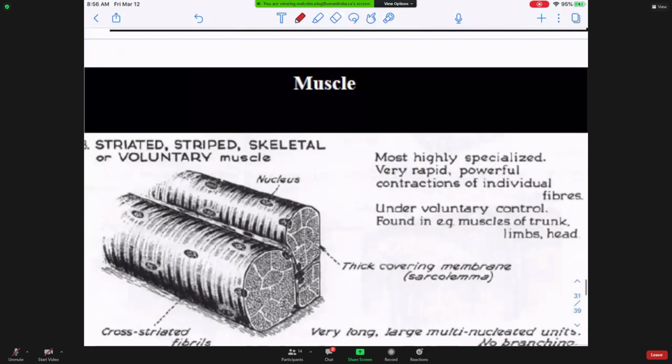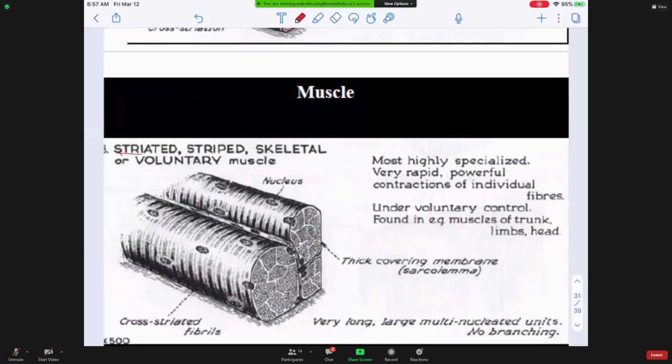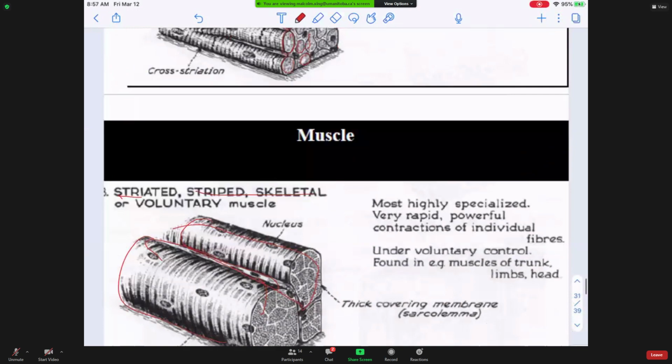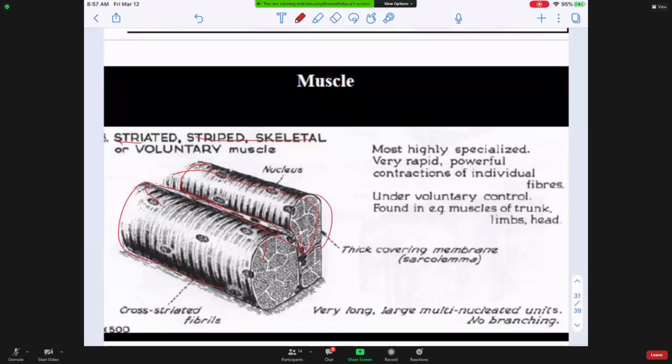And this one is straight, striped, like this one. Or skeletal muscle. You see this one, that's the heart muscle, and the bigger structures like this one.